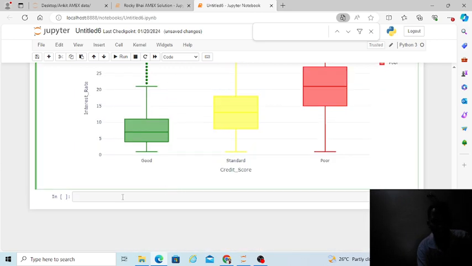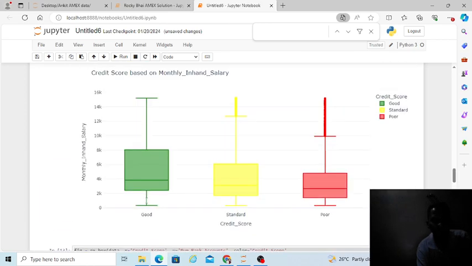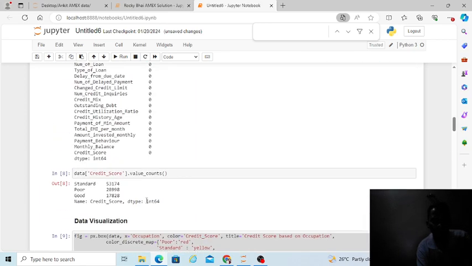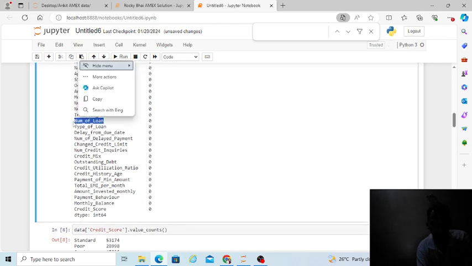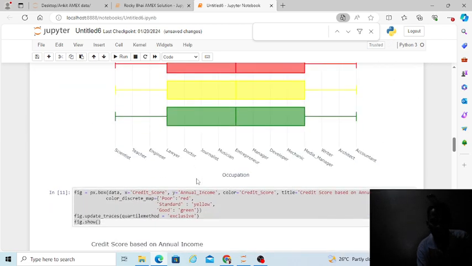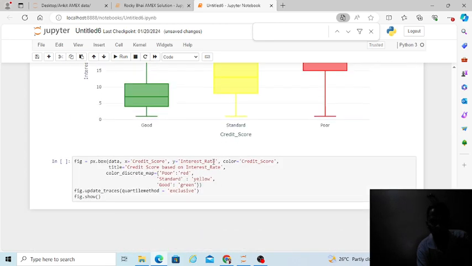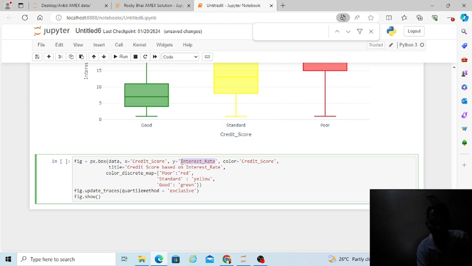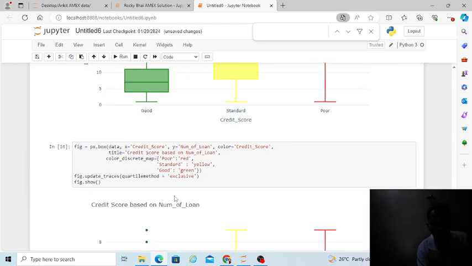Visualizing data shows many insights. So we'll check for number of loans, and we will visualize this for number of loans.